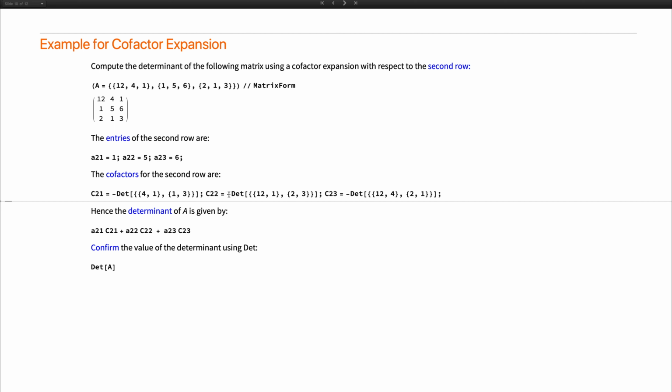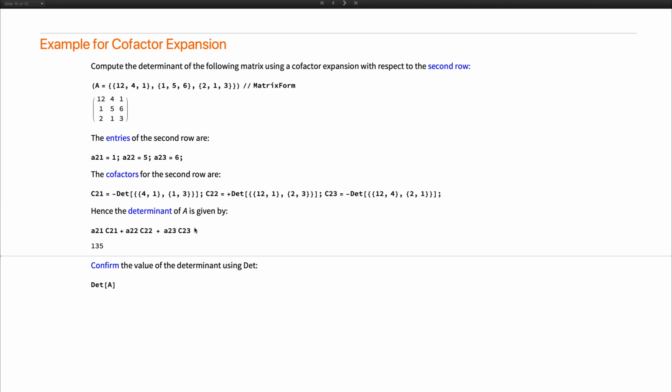So you got minus, plus, and minus over here with the second row. Then you work out the determinant. And once you've done that, you can check the answer is 135. So the point is, with the cofactor expansion, you can use any row or any column.